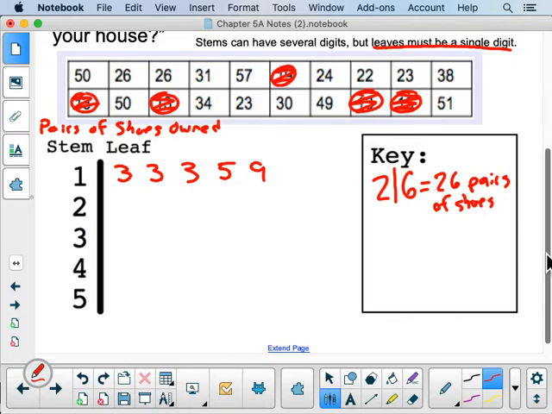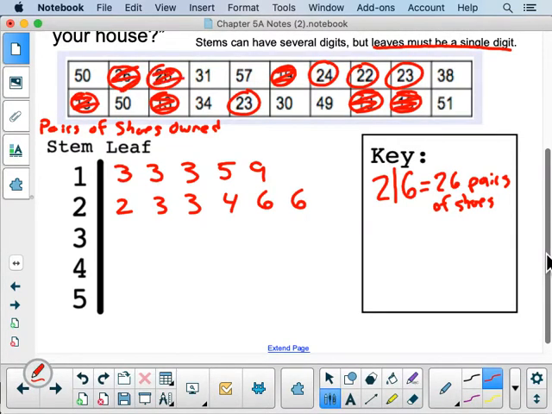Okay, then we're on the 20s. So we find all the 20s, and then we put those in order. Oops, there's another one. So the smallest 20 that I see is 22, and then I see 2 23s, and then a 24, and then 2 26s, and that is it for the 20s. Then we move to the 30s.